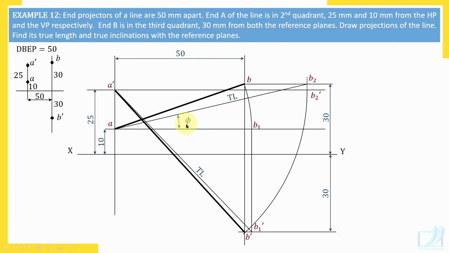AB2 gives angle phi. A dash B1 dash gives angle theta. So measure the true length, theta and phi. This is angle phi, which is 13 degrees. This is how the drawing will appear on paper.